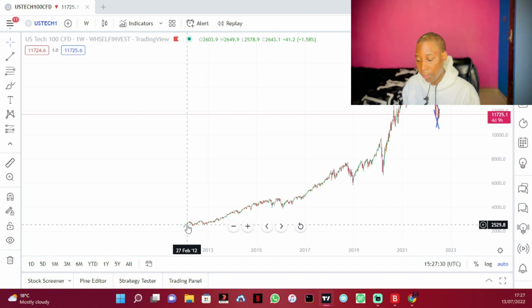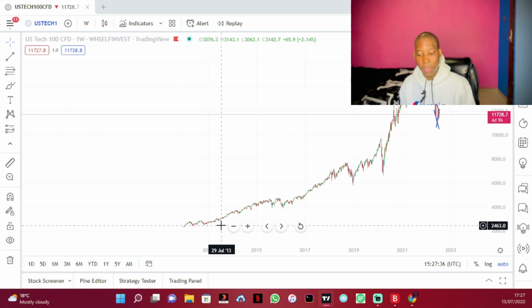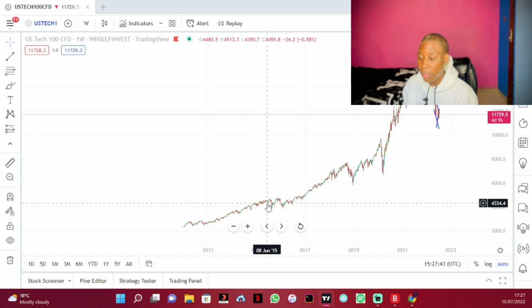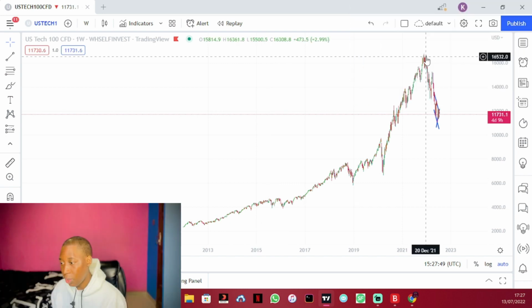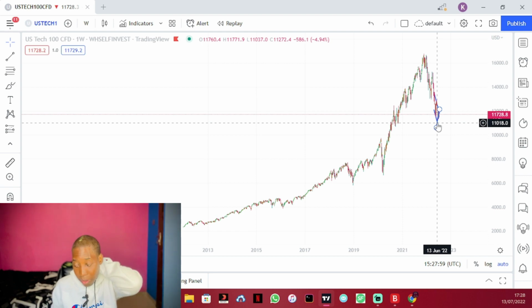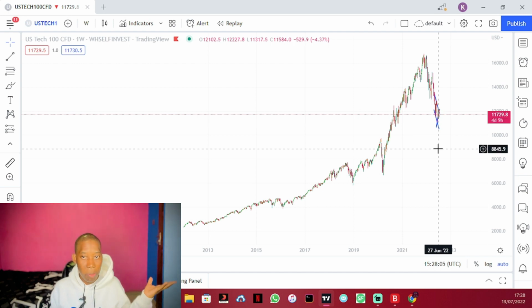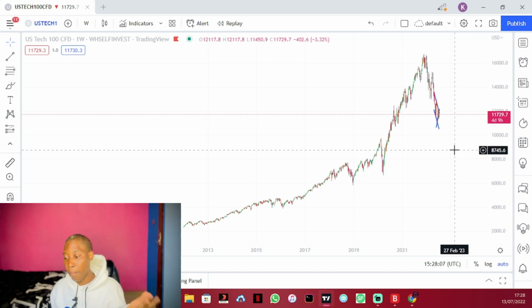From July 2013, price has been going up and up until December 2021, when it reached the all-time high, and this was when it started going down. I don't know how far it will go down, but sooner or later the price will finally reverse. What people have been doing all this long is simply buying whenever price reaches this.